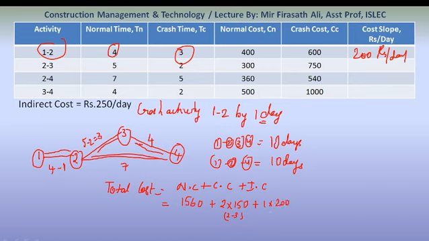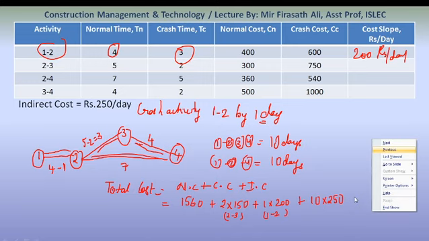This is for activity 1 to 2, plus indirect cost. Indirect cost is 250 rupees per day, 250 into 10. So this value is equal to 4560, which is the total cost.